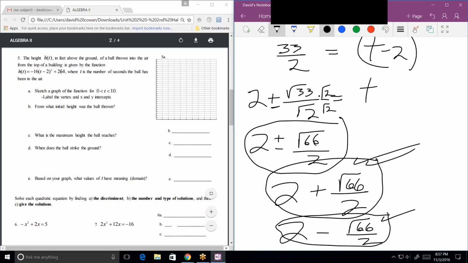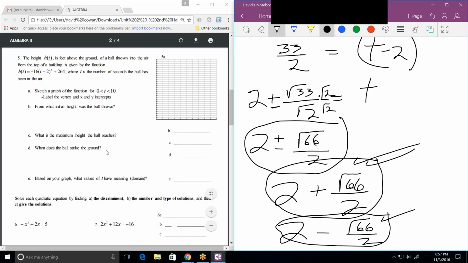So right. That's the highest it got, and it actually got that when t is 2. Okay, what's the maximum height the ball reaches? That's the 264, the y coordinate of the vertex.